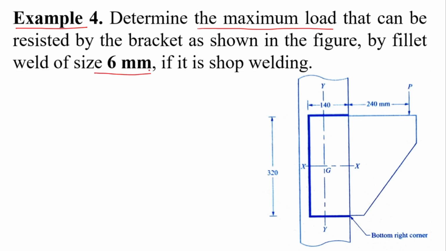The connection given in the question is an eccentric connection because the load acting on the bracket is not passing through the CG of the section. It is at some distance from the CG line, which is called the eccentricity.